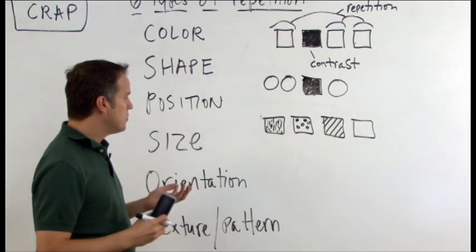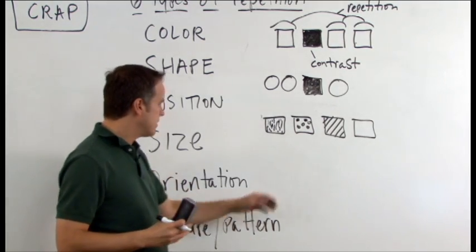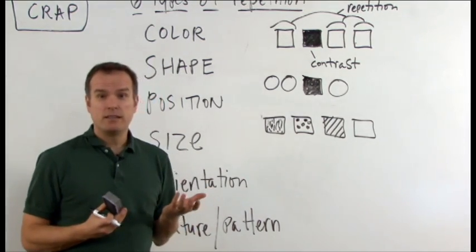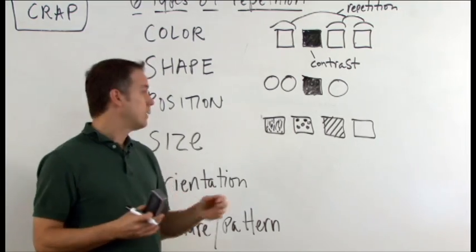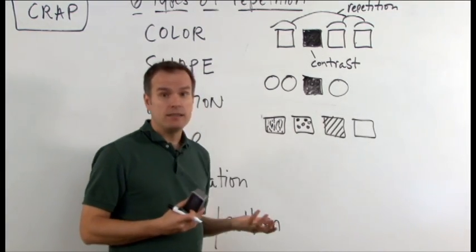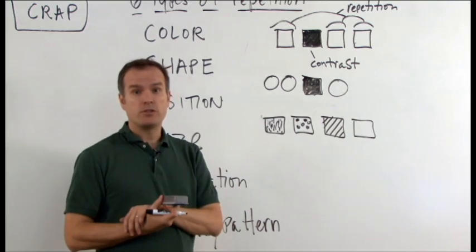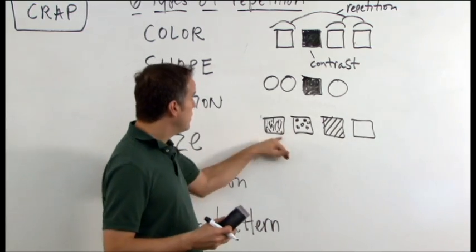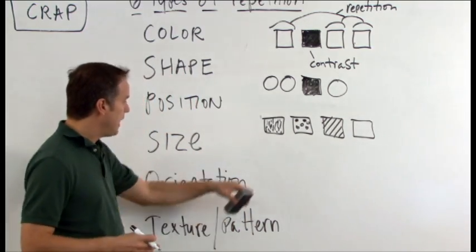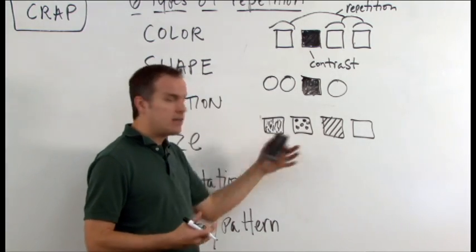The other thing that people generally say about texture and pattern is that textures tend to be non-repeating. They don't have an order to them particularly, whereas patterns tend to repeat and give a sense of order to a design. In both cases, though, texture or pattern, both of them create contrast.